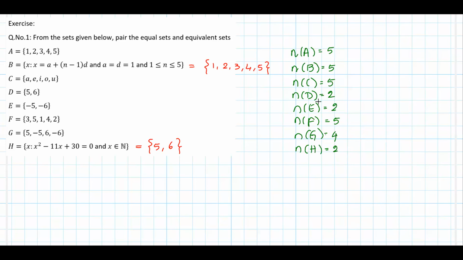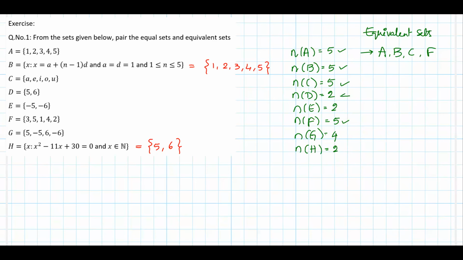Now, the sets having the same cardinal number, you can conclude that they are equivalent sets. So which are all equivalent sets here? A, B, C, F. This is one group, because they all have the same cardinal number 5.